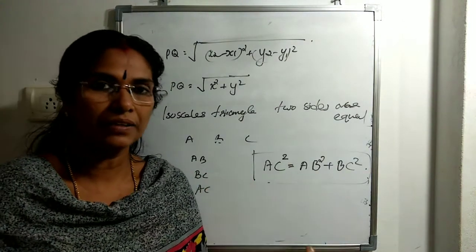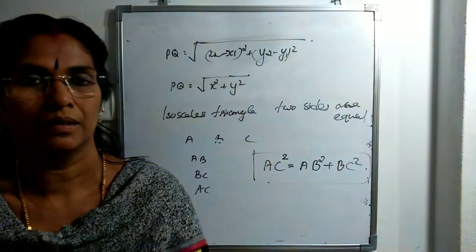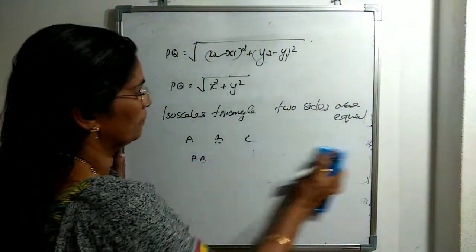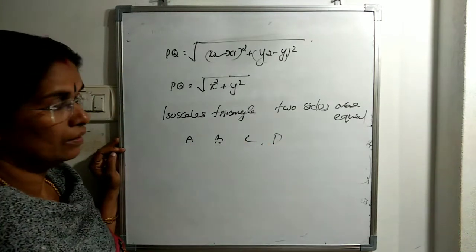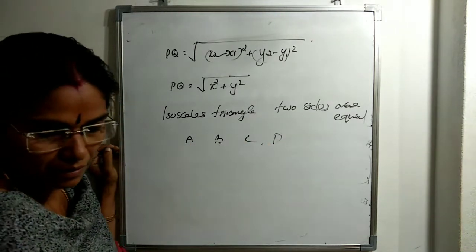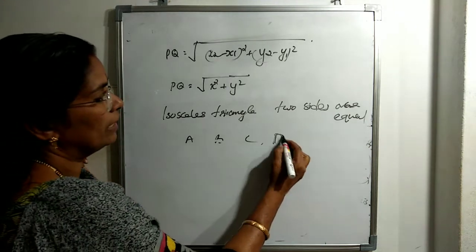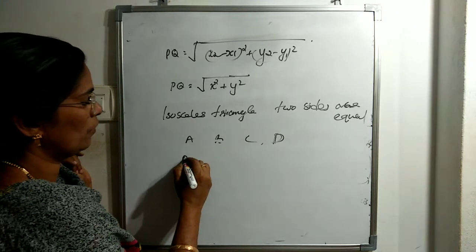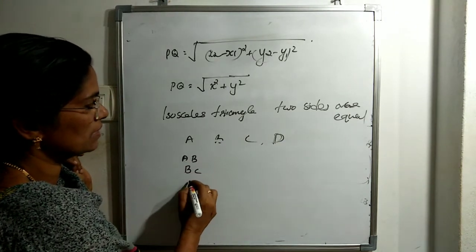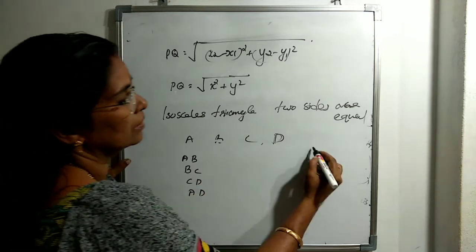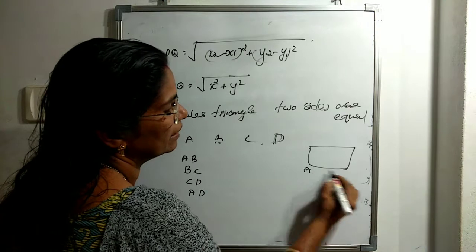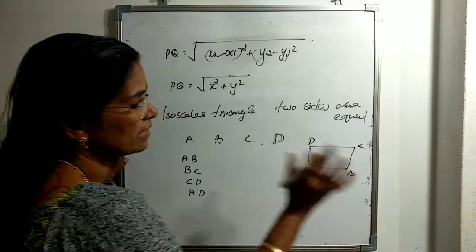Clear all the properties of a triangle? Okay. Now suppose 4 points are given. We have to show that these coordinates form a square. Square means we find AB, BC, CD and AD. Suppose we write A, B, C, D like this and find the distances.